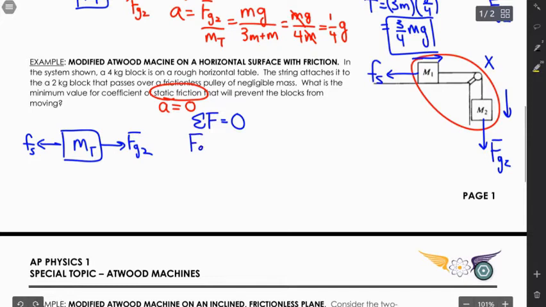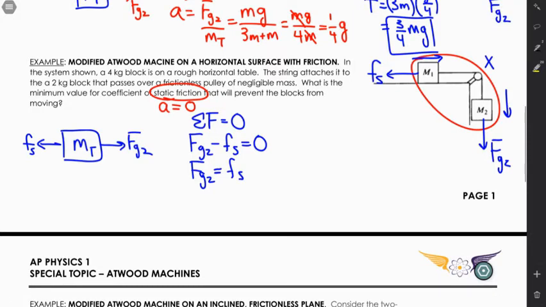We have Fg2 minus Fs equals 0. Now we have Fg2 equals Fs. But what does Fs equal? The static friction equals mu times the normal force.